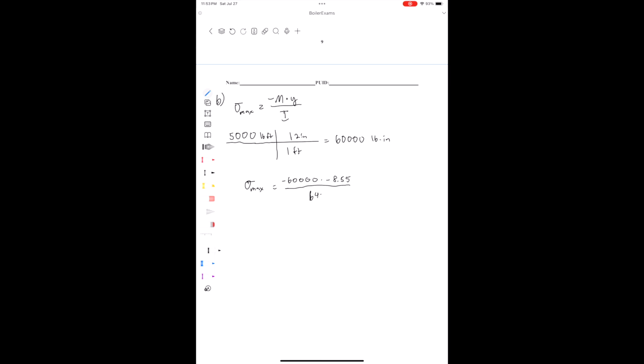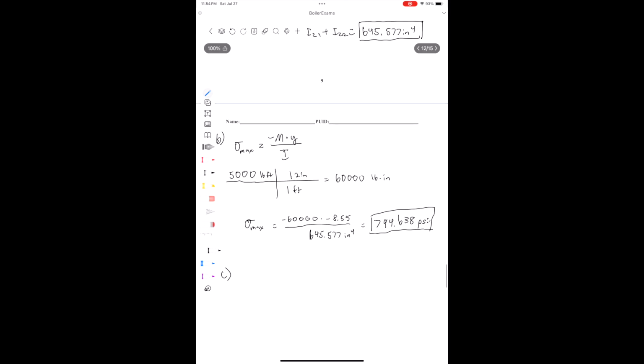So we have all of that over our moment of inertia, and you end up with 794.638 psi as our maximum tensile bending stress. All right, and now for part C.